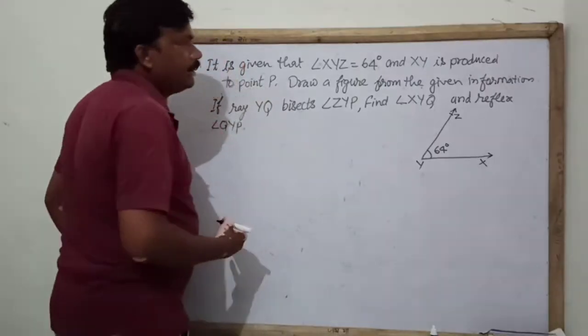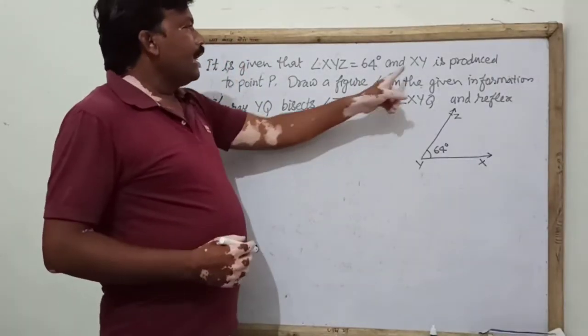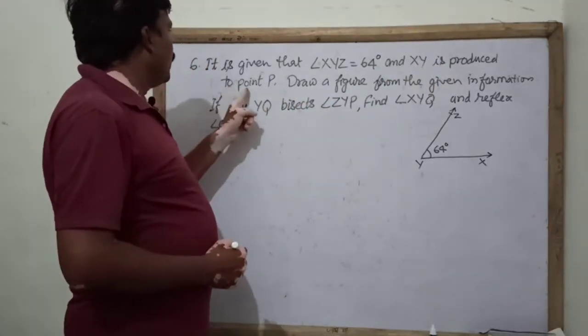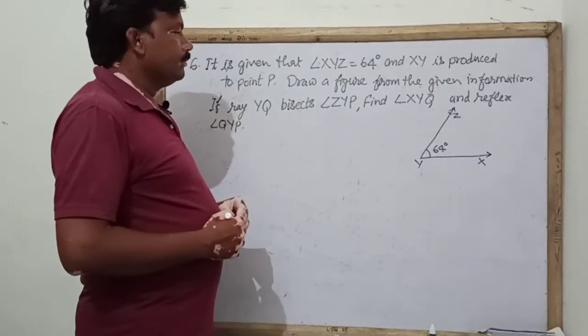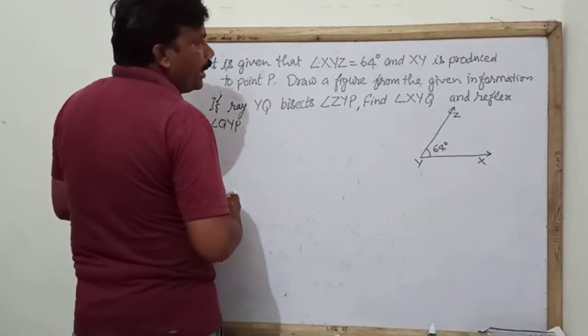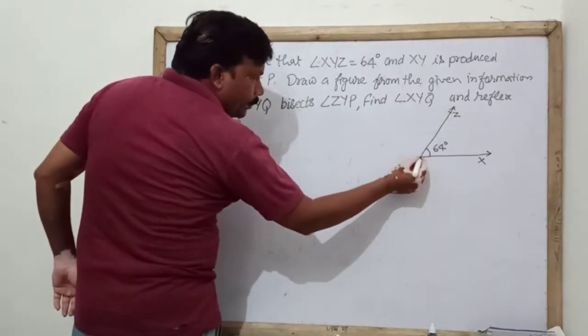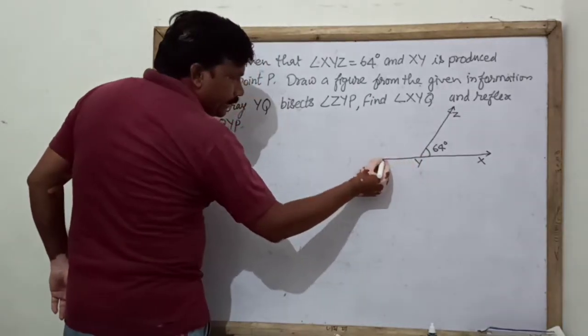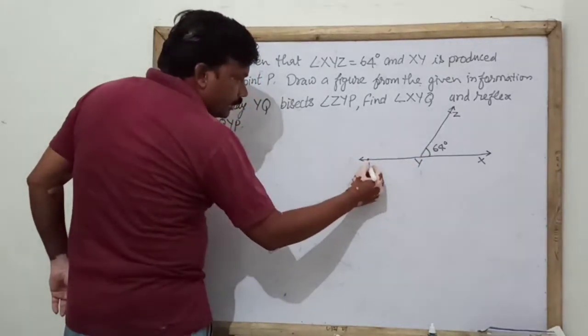We have drawn it. And XY is produced to point P. We have produced it to point P.